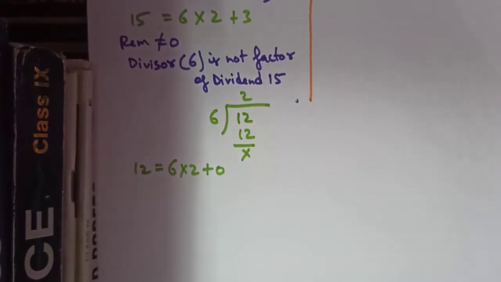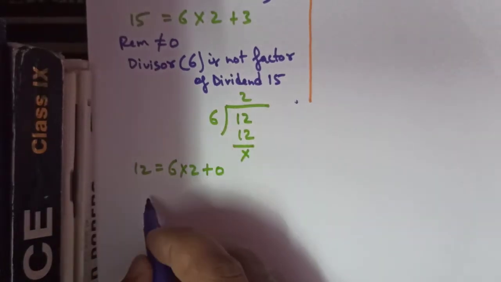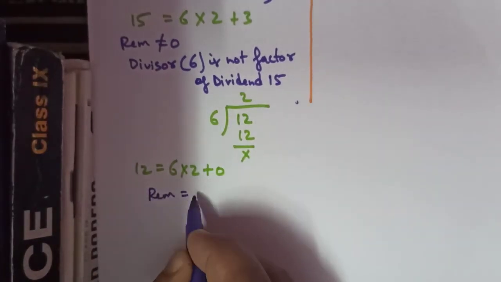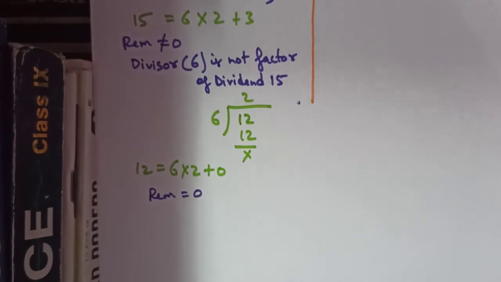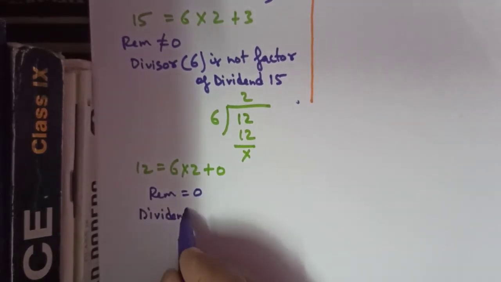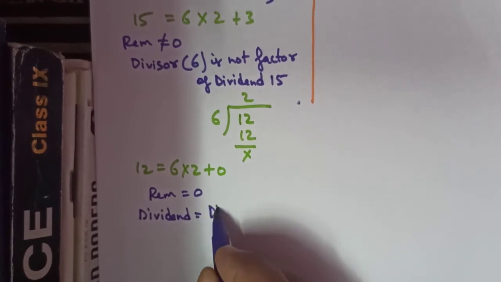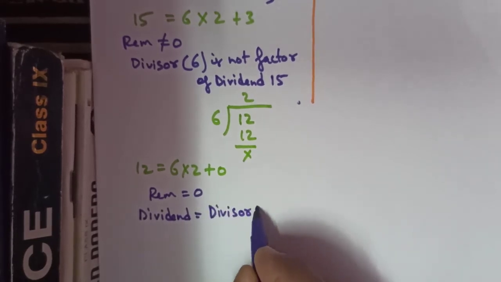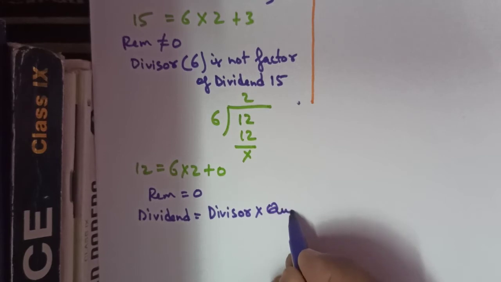When the remainder is equal to 0, we can also write the dividend as divisor into quotient.